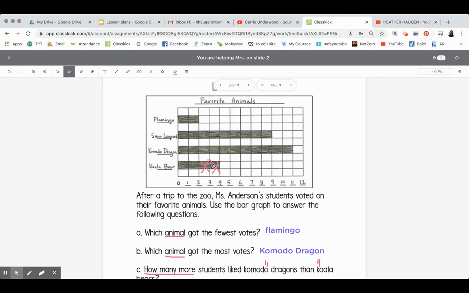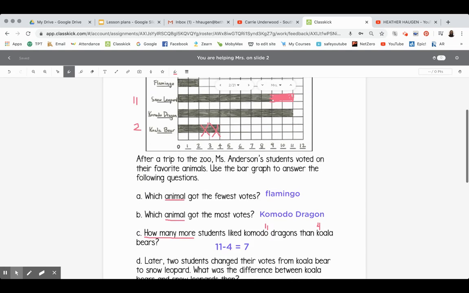So mark those out on your packet, and we're going to add 2 more kids or boxes to our snow leopards. So that's the first step, is to find out first what the new graph looks like. So now I have 11 kids like snow leopards and only 2 kids like koala bears.